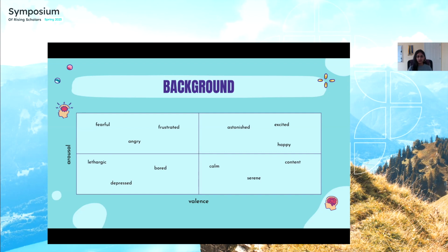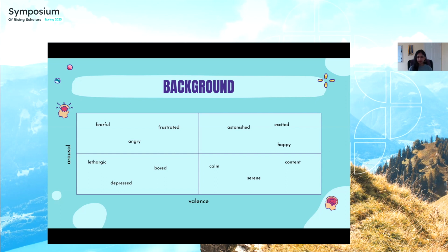When I was looking at research papers, understanding the background of why I wanted to do this, one research paper that I read, which will be referenced a little bit later, references 2 scales that are usually used in research projects like this. The first scale is arousal, which you can see on the y-axis there.